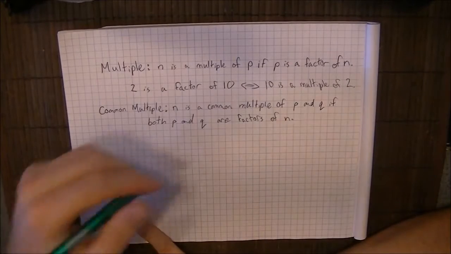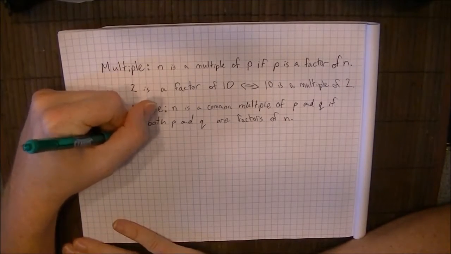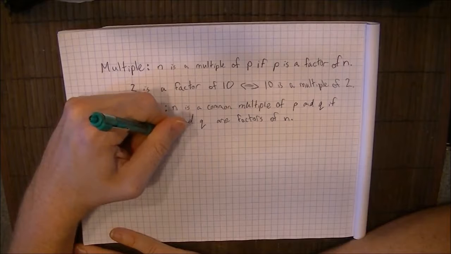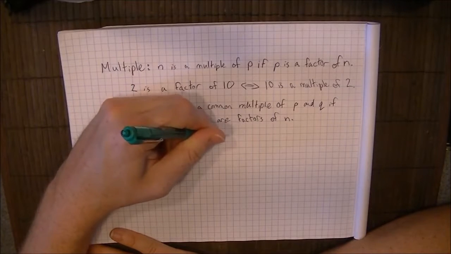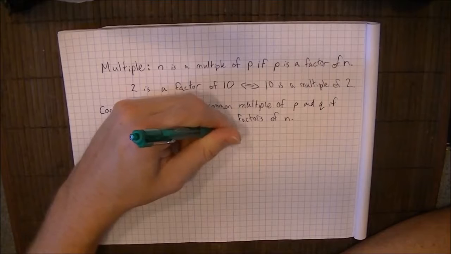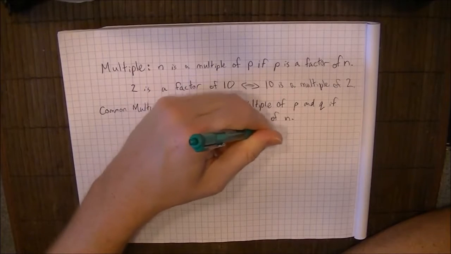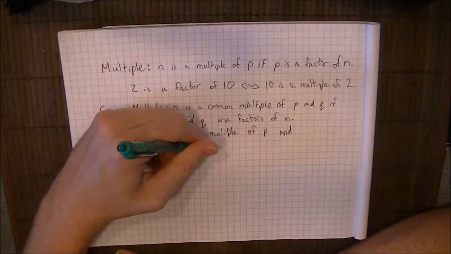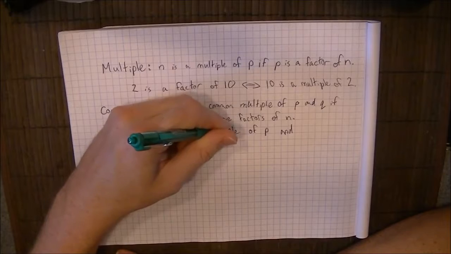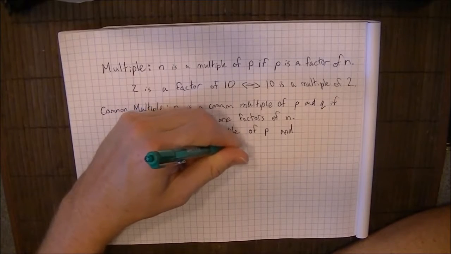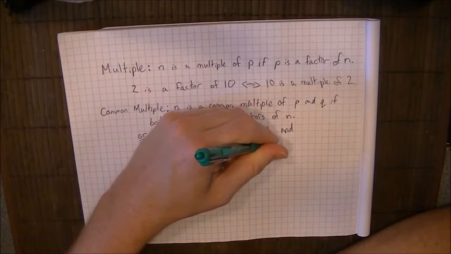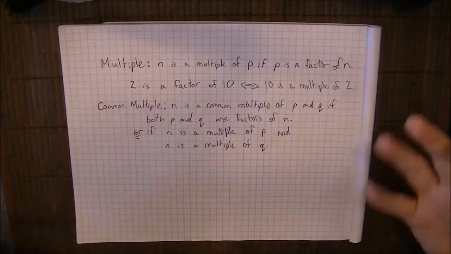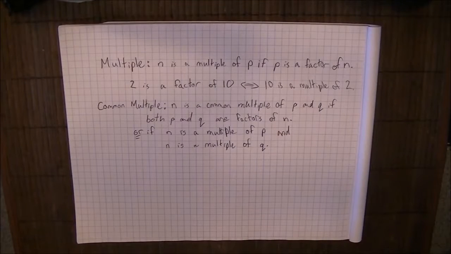Or put another way, if n is a multiple of p and n is a multiple of q. So if it's a multiple of both p and q, then it is a common multiple. Now hopefully you understand why it's called that.